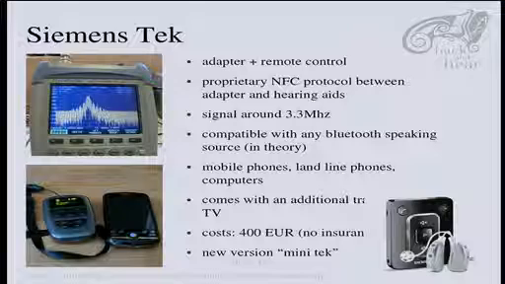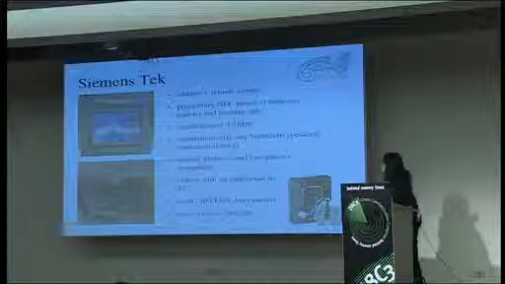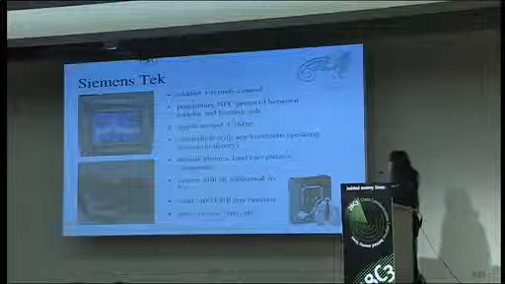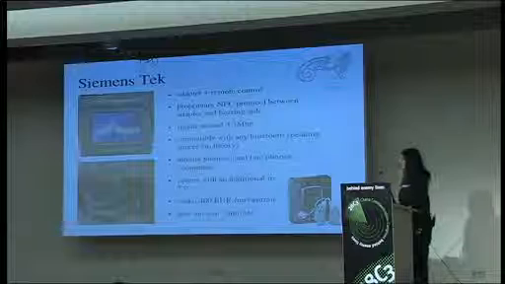The hearing aids also have a small antenna in them, which looks kind of like a telecoil, but it is not, and it is not compatible with anything the telecoil is compatible with. So you can only use it with this. It has a signal around 3.3 megahertz. You can see it on the picture. I tried that. And it's compatible with every Bluetooth-speaking device, in theory.